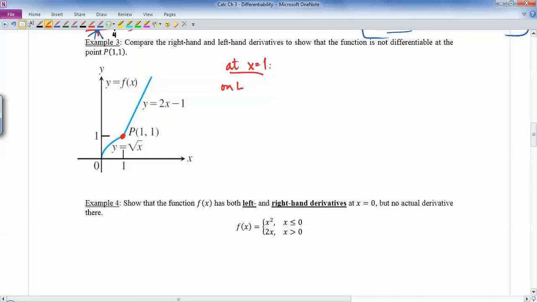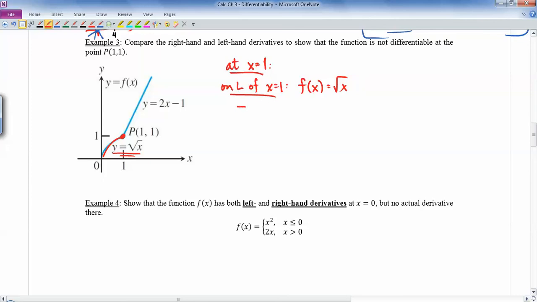So on the left side of x equals 1, we have this. The function of x is root x. That's what this part says down here, right? y equals root x. So on the left side of x equals 1, this is how we define it. f of x equals root x.